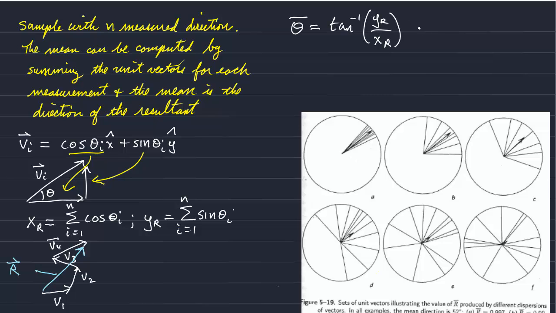And the length, which we'll just call r, is equal to the length of the vector R, and that's equal to the square root of the x component squared plus the y component squared.